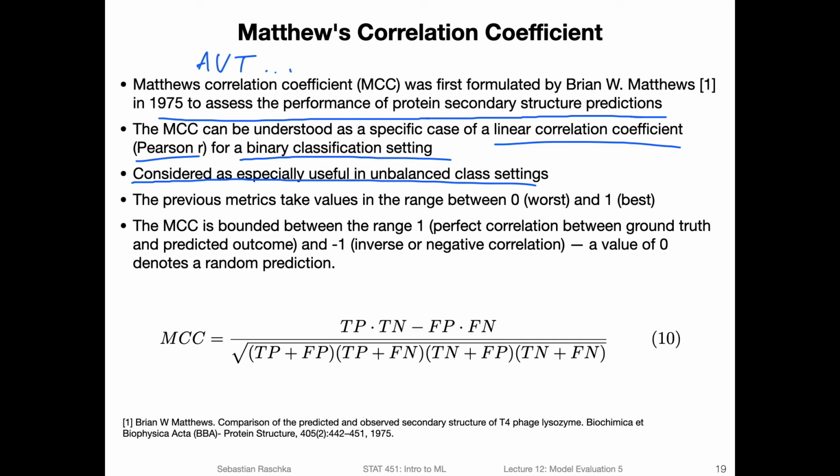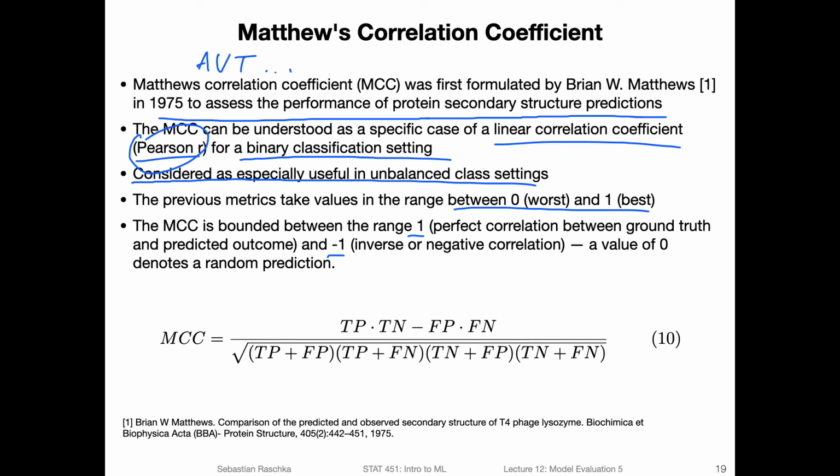So the previous metrics that we talked about, specificity, sensitivity, recall, precision, F1 score and so forth, ranged between the values 0 and 1, where 1 was best. So Matthews correlation coefficient now ranges from -1 to 1, similar to Pearson's R correlation coefficient.